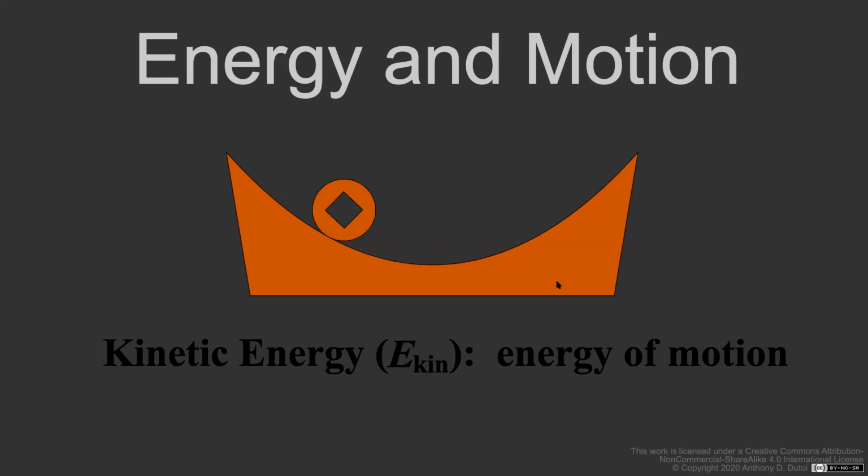Now, physicists had intuited after a while that the energy doesn't go anywhere. Well, it goes somewhere, but it stays in the system. Even when you get up to these endpoints, the energy still in some sense exists. It's just kind of stored. It's stored in the height of the coin or the ball above the dish.